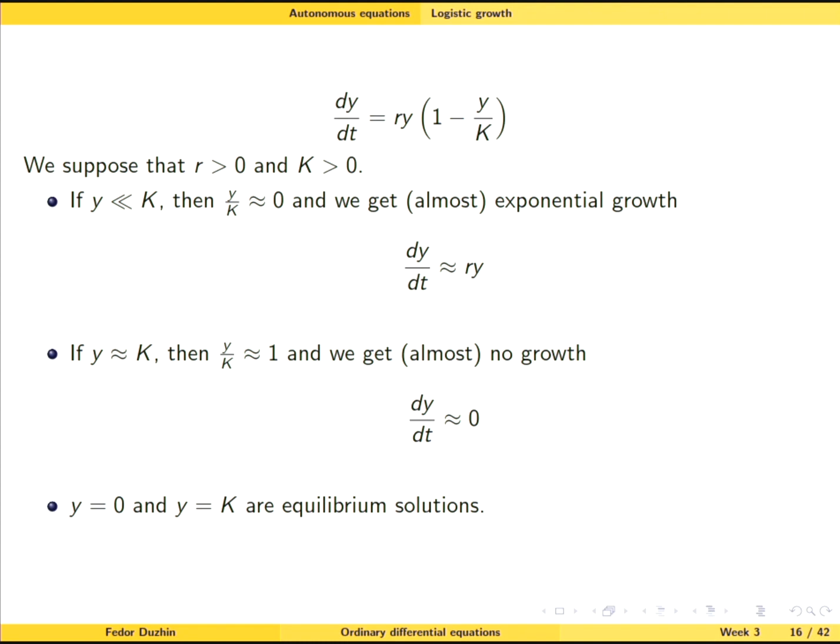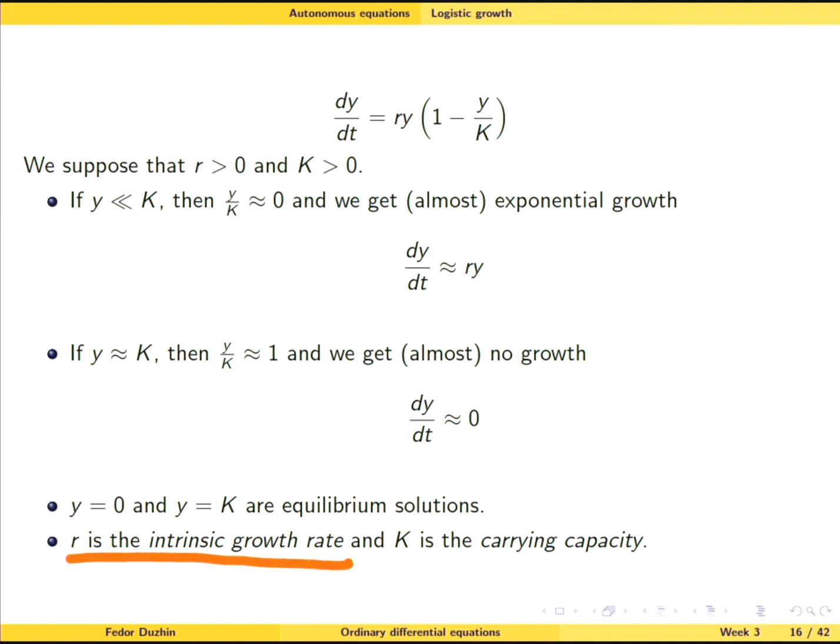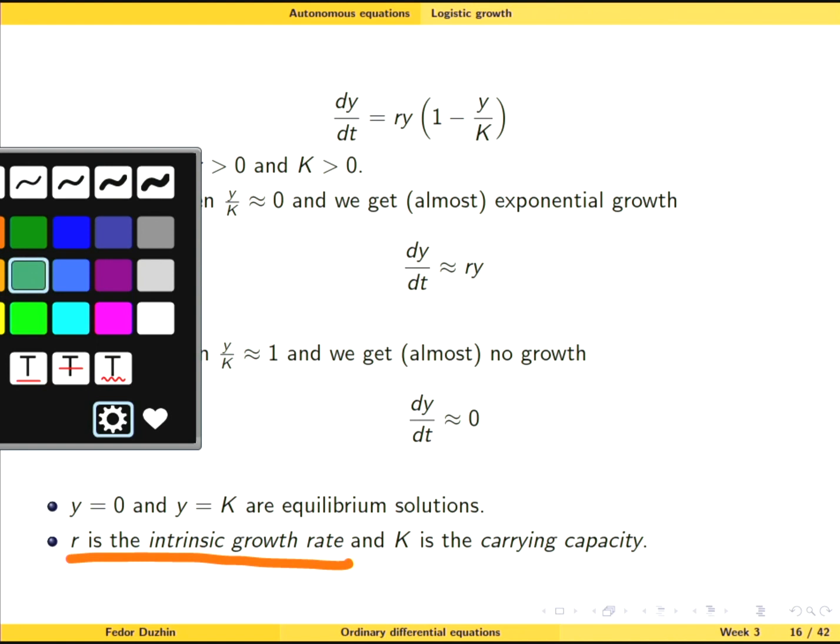So here y equals 0 and y equals K are equilibrium solutions. The constant r is called the intrinsic growth rate and K is called the carrying capacity. Please remember these terms: intrinsic growth rate and the carrying capacity.